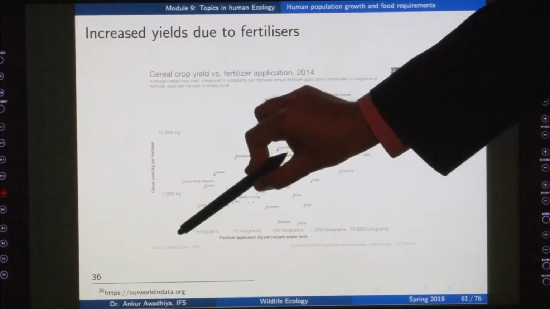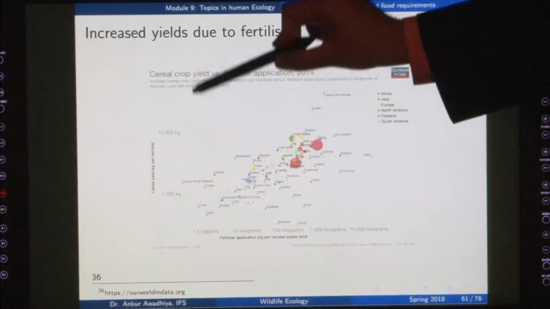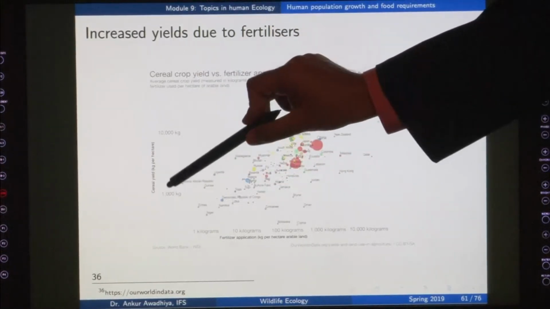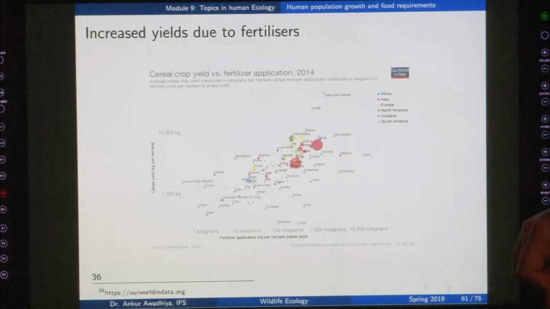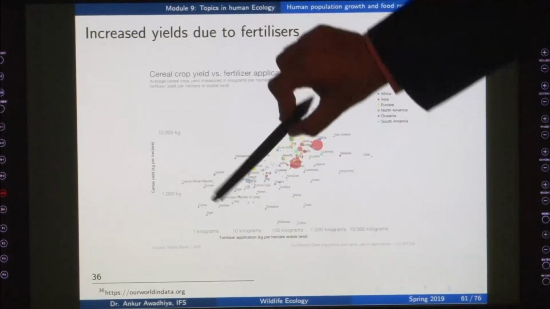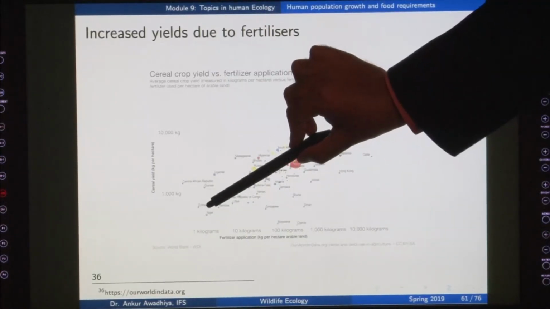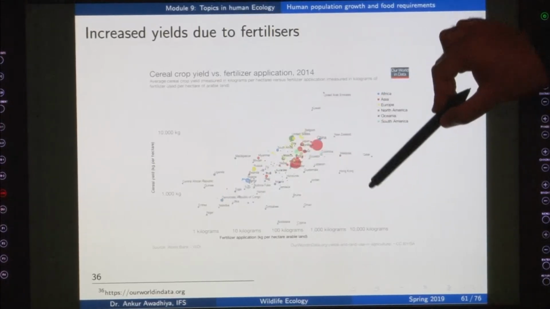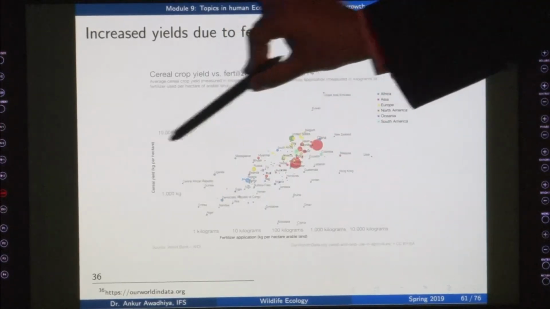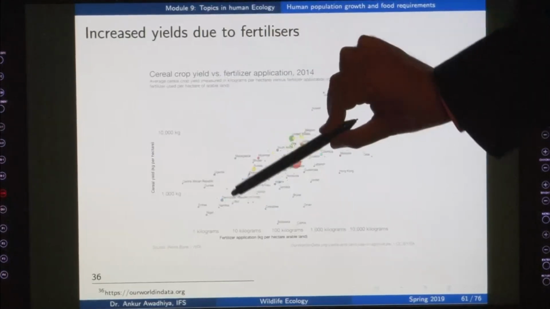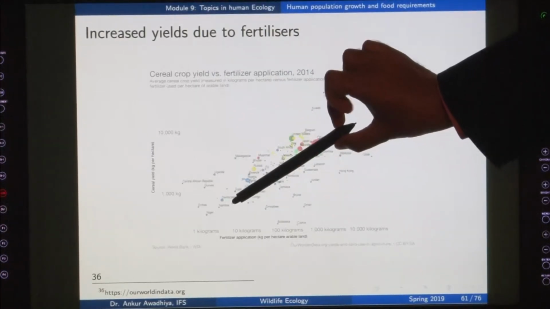And on the y axis, again a logarithmic curve, we have the cereal yield in kg per hectare. So, here we can see that roughly there is a correspondence. The more fertilizer you use on any piece of land, the more will be the yield. So, roughly this line would denote the curve.